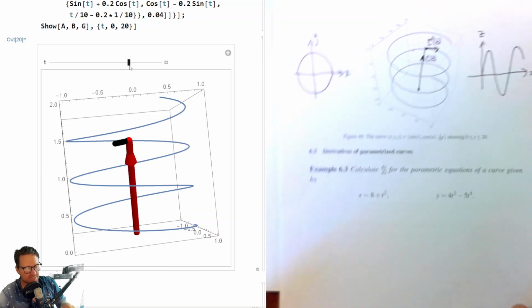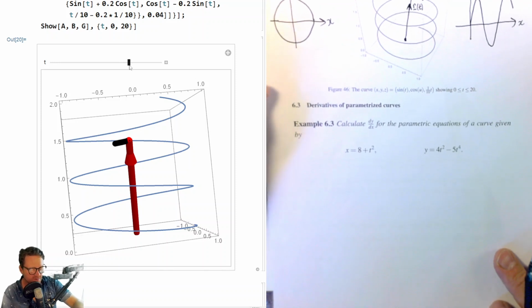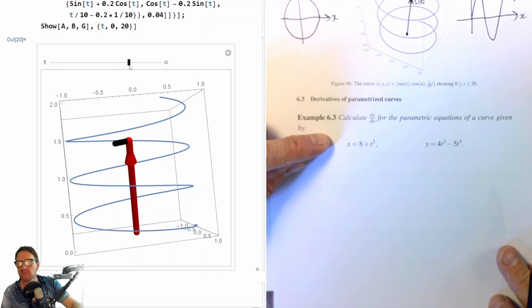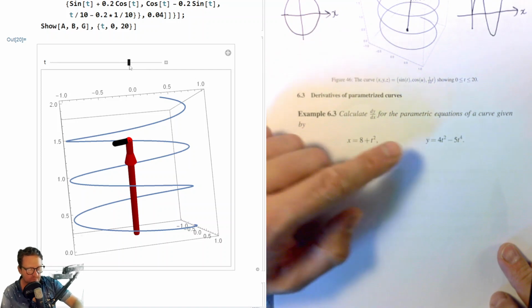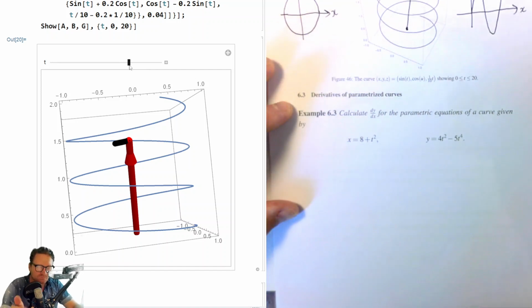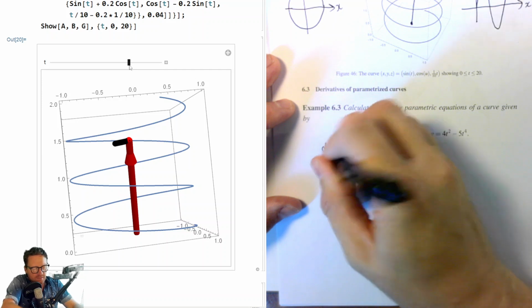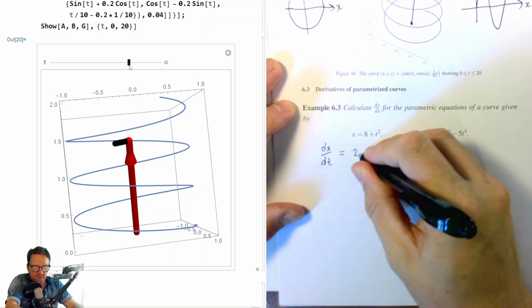Okay, let's look at example 6.3. Derivatives of parametrized curves. Calculate dy on dx for the parametric equations of the curve given by this. Okay, so dx on dt, just differentiating that with respect to t, well, we've got 2t.